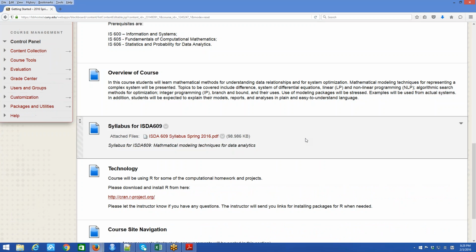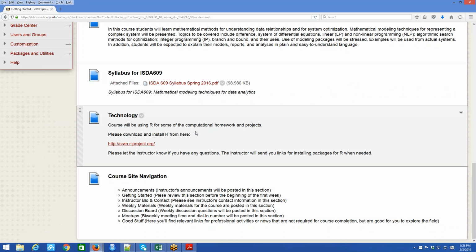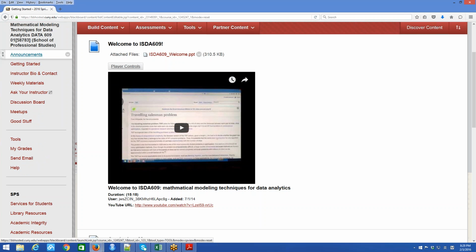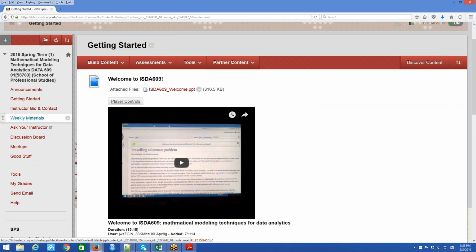Then take a look at the syllabus that we just went through, and download your R. On the course site navigation, you would see that we have announcements, getting started, which is this page, and a little bit of information about myself. Then you can go through the weekly materials, discussion board and meetup.